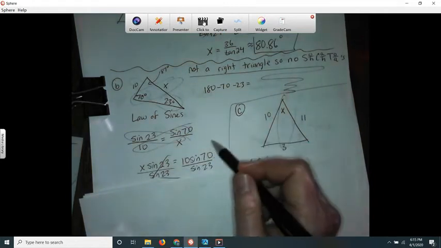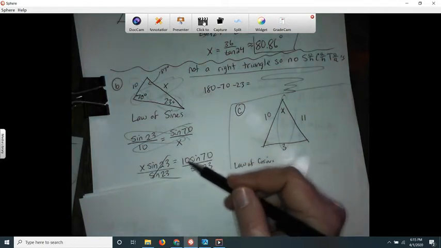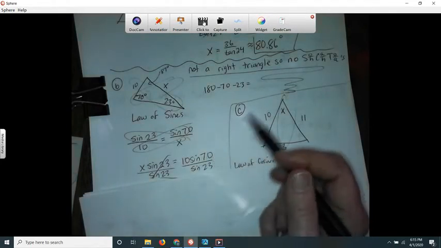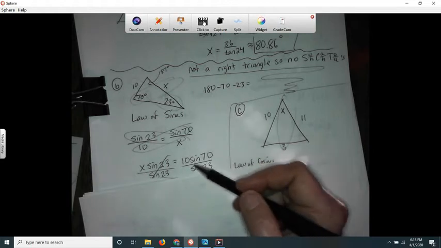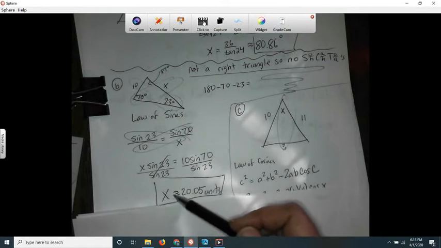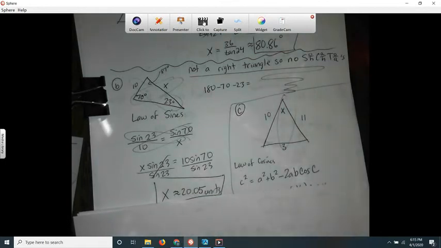And then my calculator is going to take care of all that for me. I'm just going to type into my calculator 10 times sine of 70 equals, I push equals so that I don't have to write parentheses. And then I go divided by sine of 23. And you should get something decimally, but it'll be about 20.05 units.